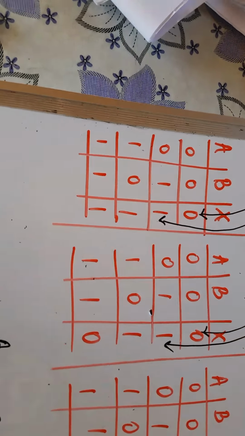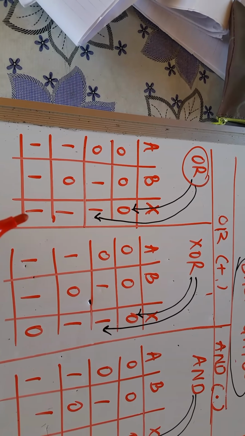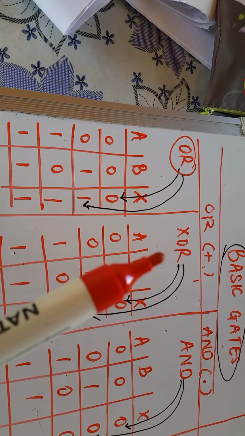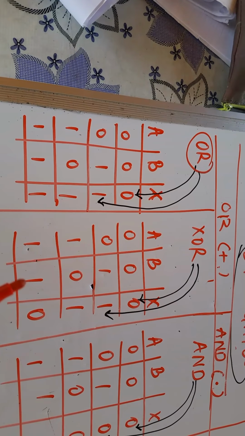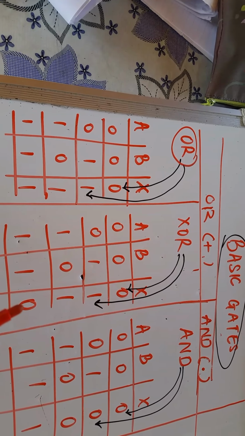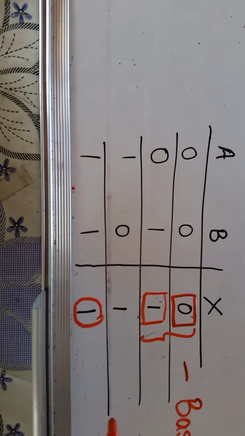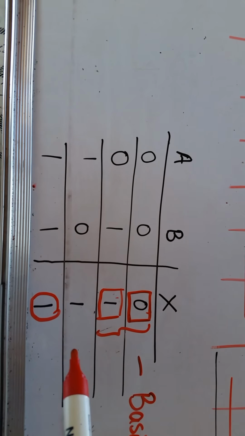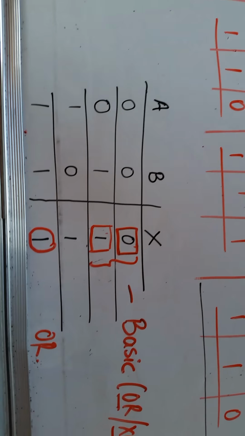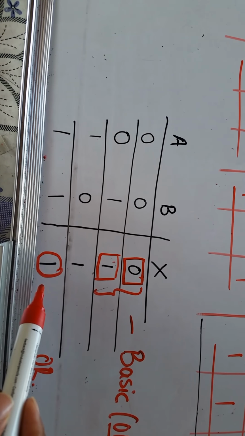For the case of OR, the output is 1 when both are 1. For the case of XOR, when both are 1, the output is 0. So here I have 1, it is going to be the OR gate. So it is not XOR because of the last result.